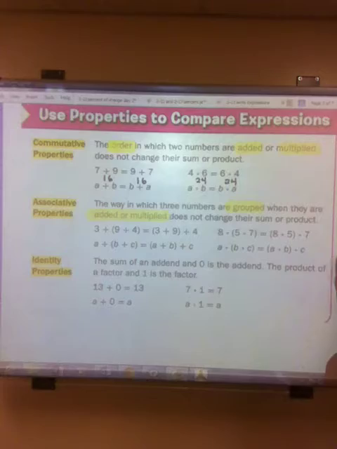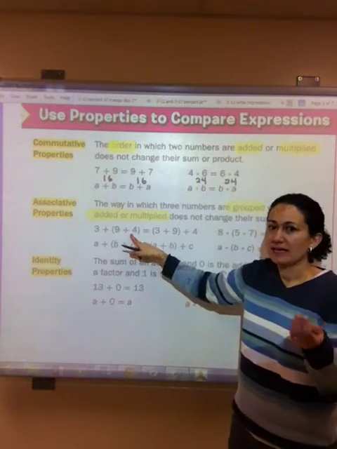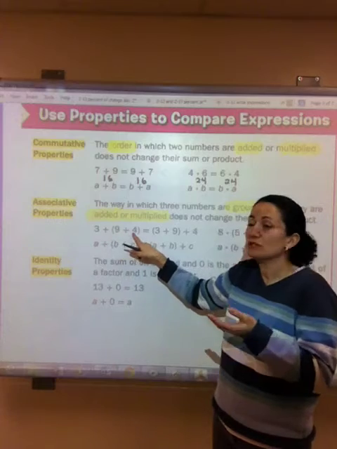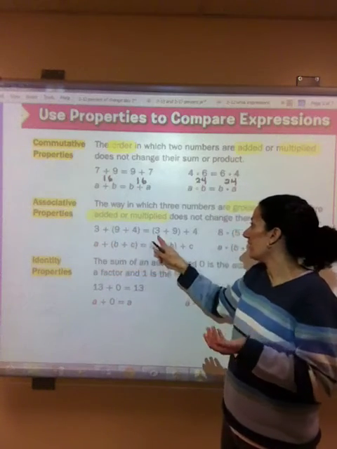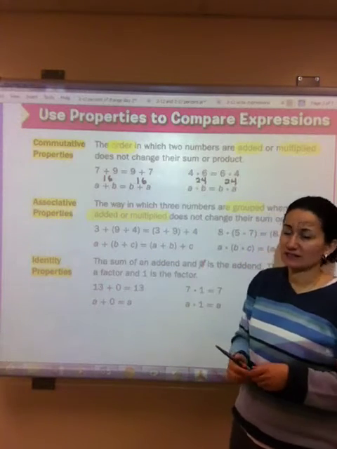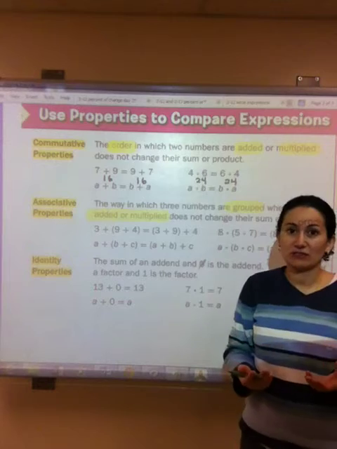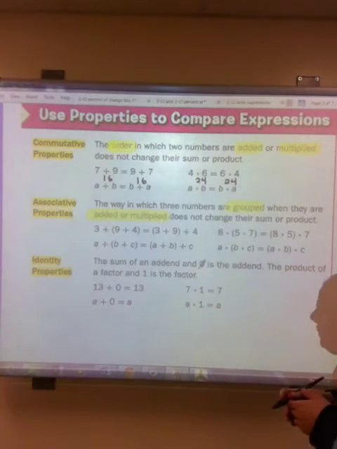Consider these examples. 3 and 9 and 4. If I have three numbers, it doesn't matter if I add 9 plus 4 first and then add the 3, or if I add 3 plus 9 first and then add the 4. I'm going to get the same answer. This demonstrates the associative property. This rule is called the associative property.